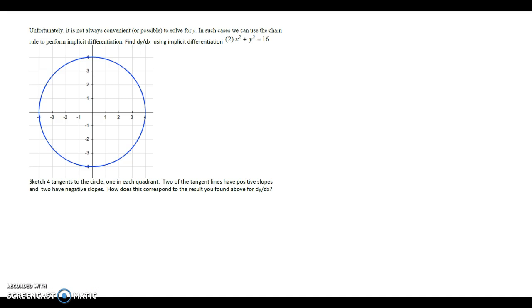Alright, so unfortunately it's not always convenient or possible to solve for y. So we are going to take this and find dy/dx. x squared plus y squared equals 16. We want to take the derivative with respect to x.